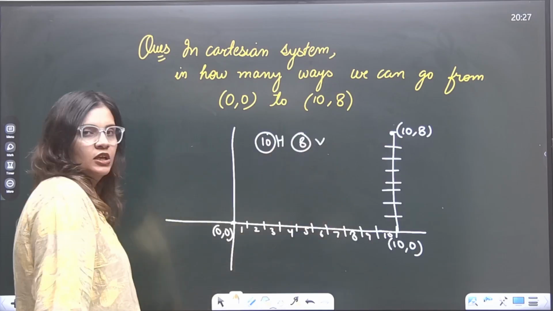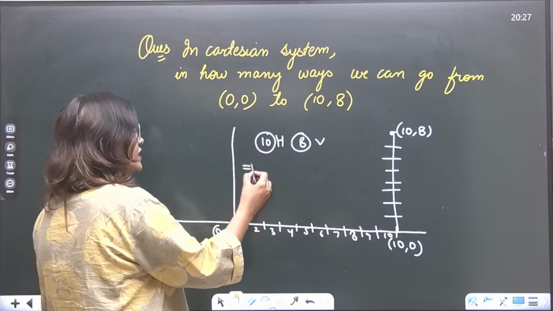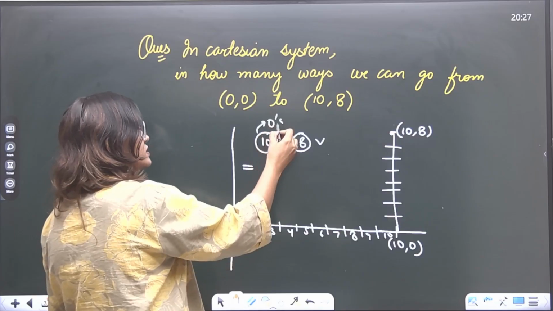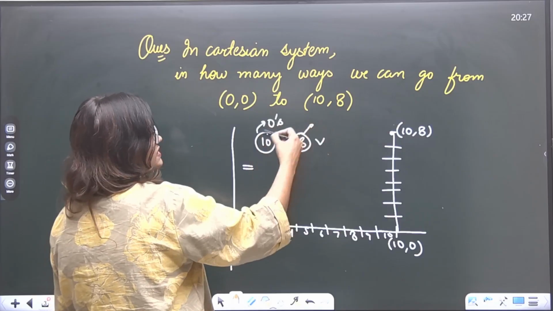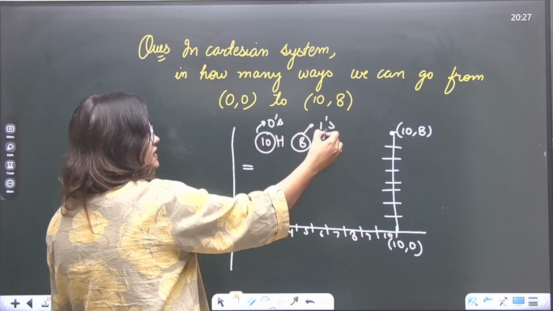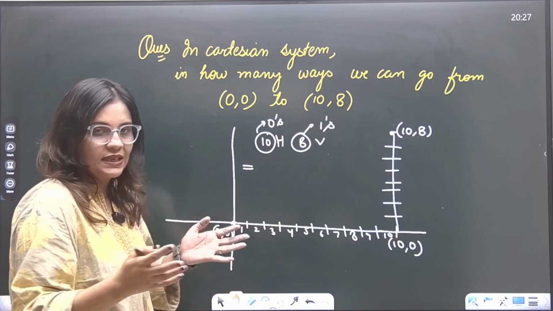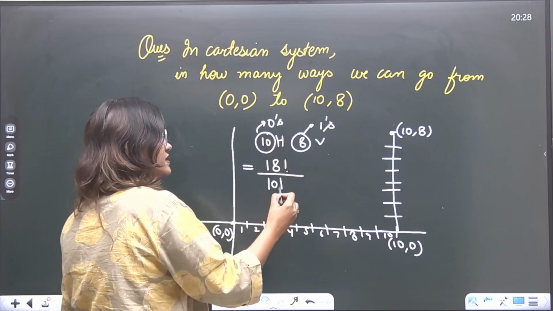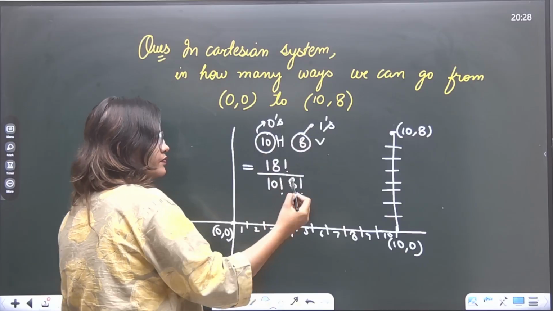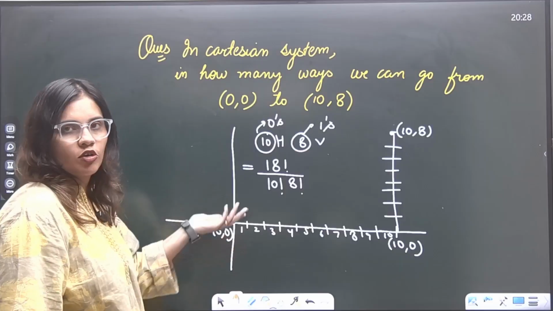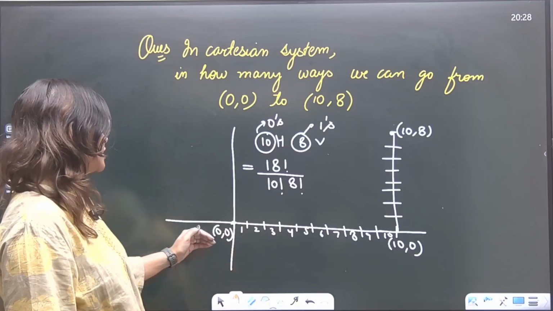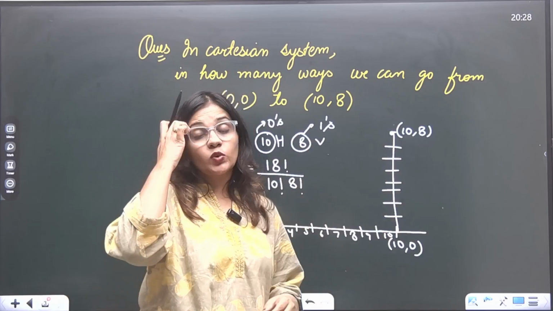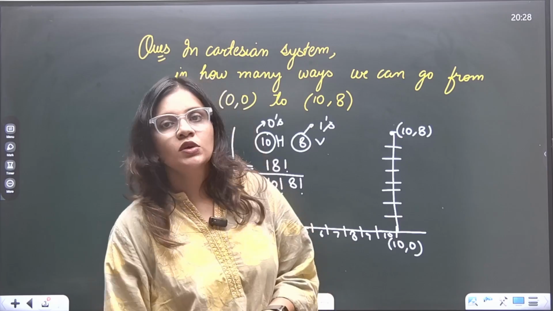So total paths possible will be, we have to arrange 18 numbers, 10 zeros and 8 ones. That means we have to arrange 18 numbers, out of which 10 are same, 10 are zeros and 8 are same. So these are the total number of paths possible from 0, 0 to 10, 8, using horizontal and vertical movement, left to right and down to up.